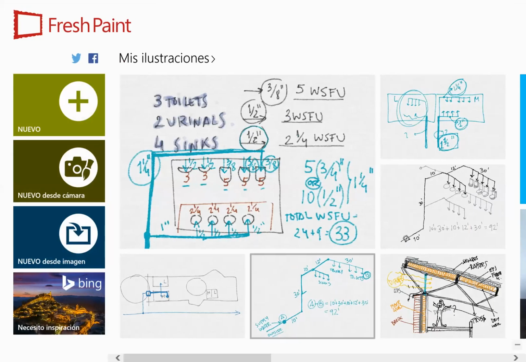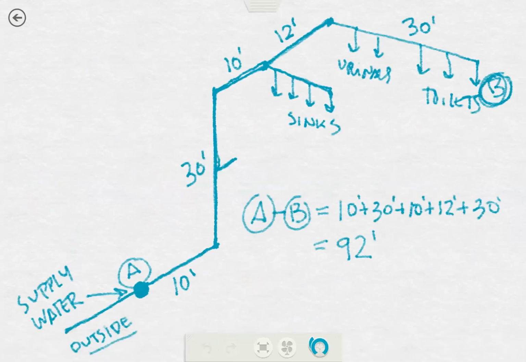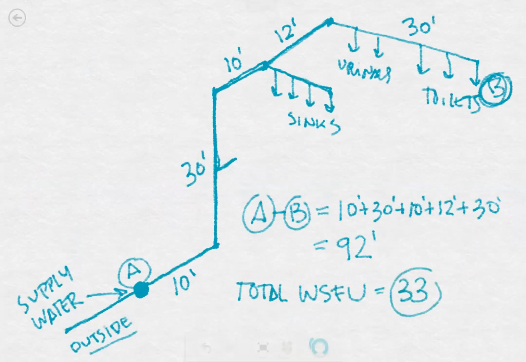So we can come back here. 33. This is the distance between the supply and the farthest point fixture, in this case this toilet here. It's 92 feet. We need the total water supply fixture units, which is 33.